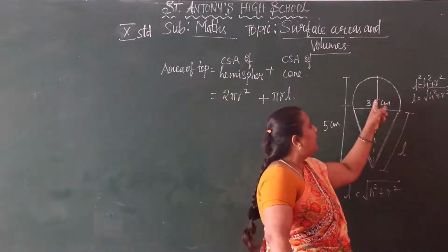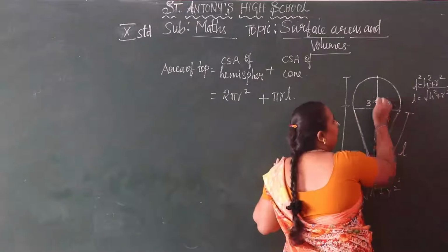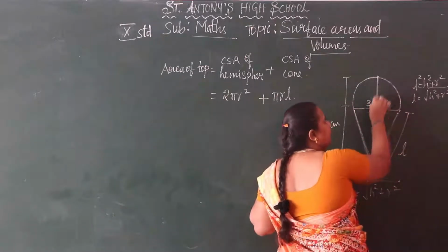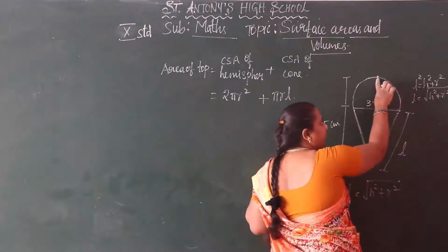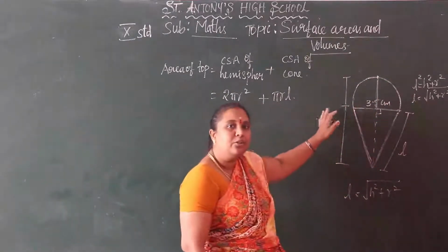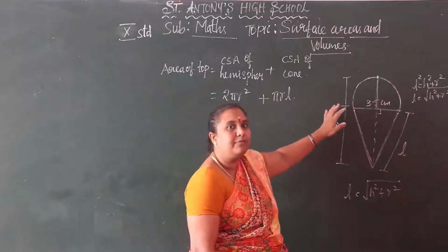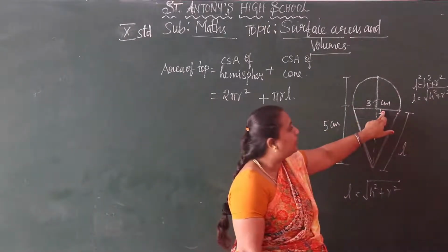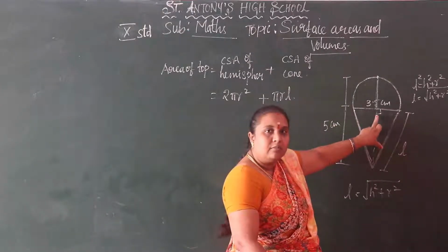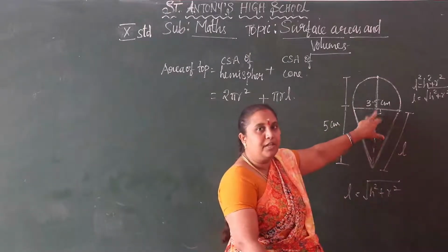The radius of the hemisphere is the same in all directions, you know that now. So we want to find the radius and subtract it from the total height of the top. From that we find the radius of the hemisphere and also the height of the cone.